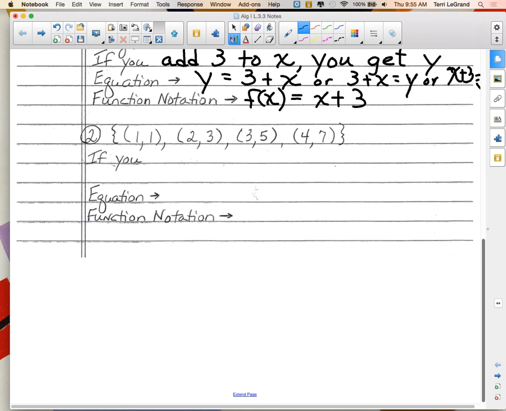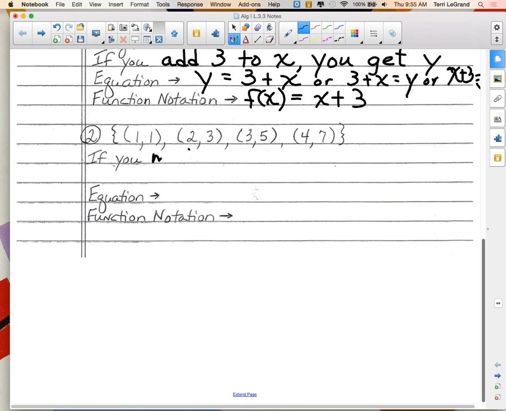If you double 1 in the first one and subtract 1, 2 times 1 is 2, take away 1 is 1. 2 times 2 is 4, take away 1 is 3. So far it's working. 2 times 3 is 6, take away 1 is 5. We're on a roll, we've got 1 to go. 2 times 4 is 8, take away 1 is 7. Benton's got it.